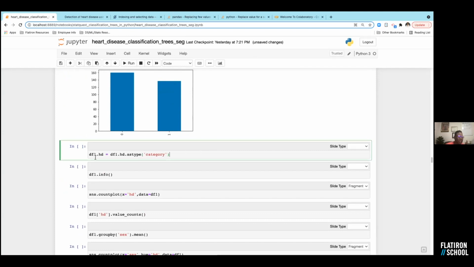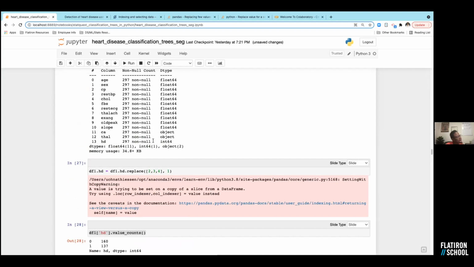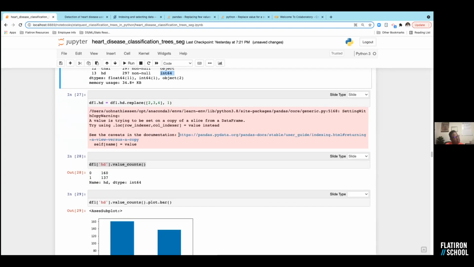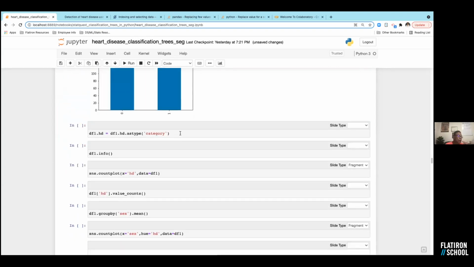Because male, female was already binary, I wouldn't need to convert that to a binary. So now, because these values here are an int64, which implies that it's numeric, and for classification you need it to be categorical, I want to convert that entire column from a numeric column to a categorical column.